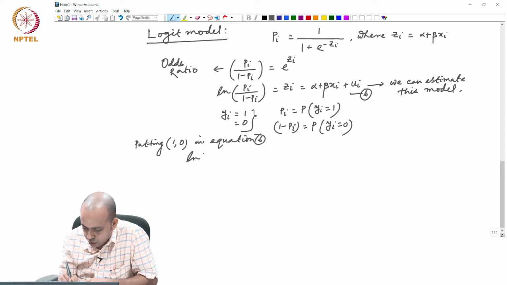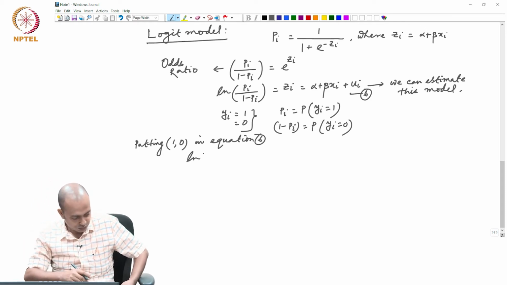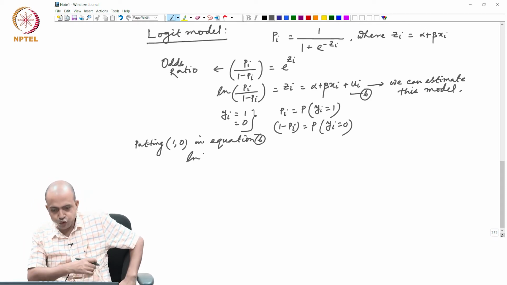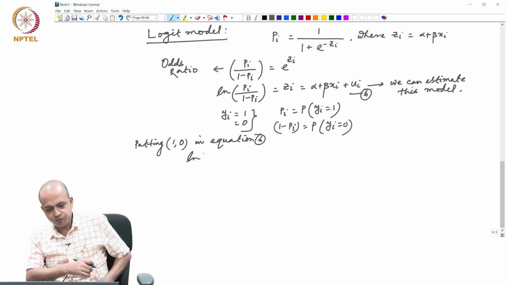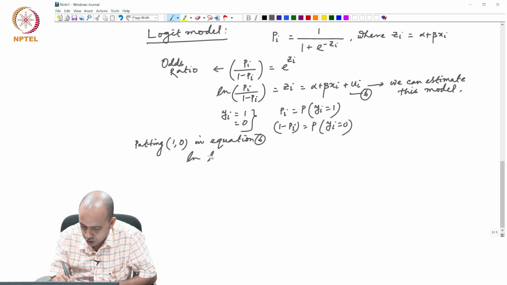If you put 1, it becomes log of 1 by 1 minus 1, so that becomes 1 by 0.